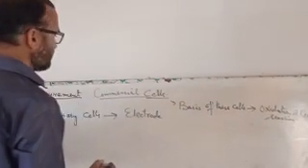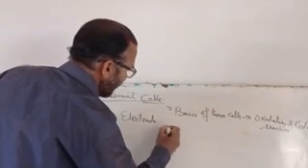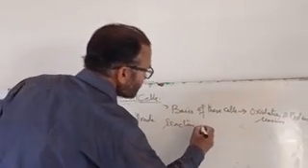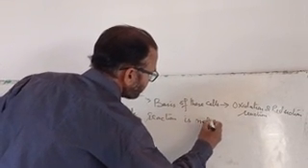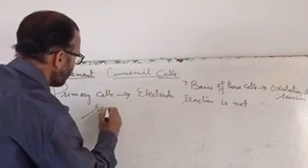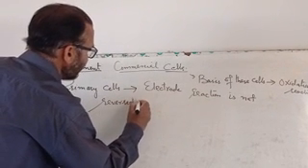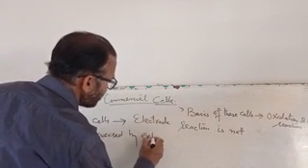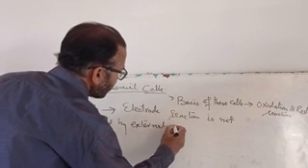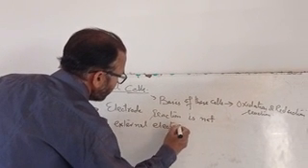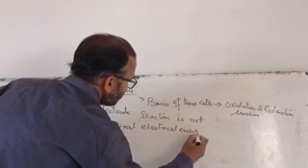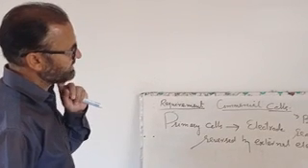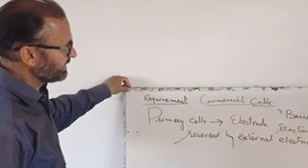Primary cells are those cells in which the electrode reaction, that is the reaction which takes place at the electrodes, is not reversed by an external source of electrical energy.